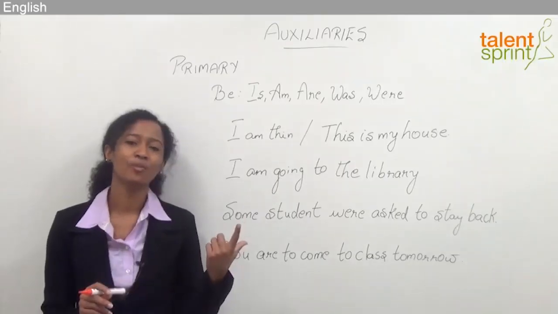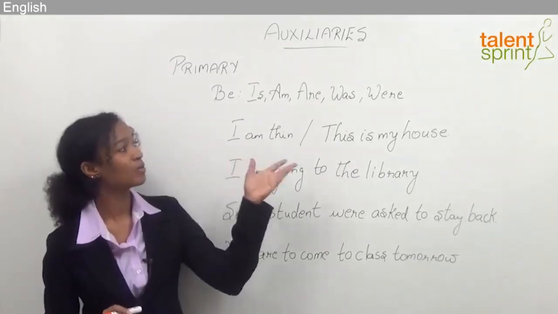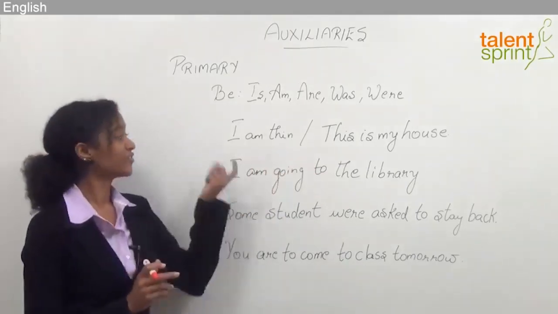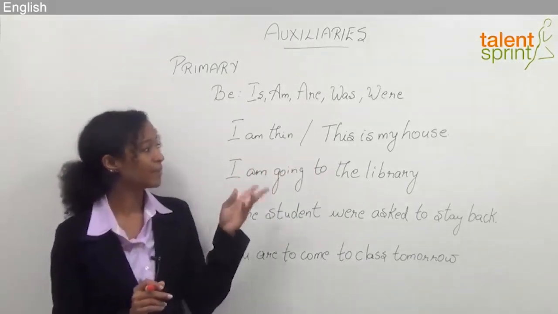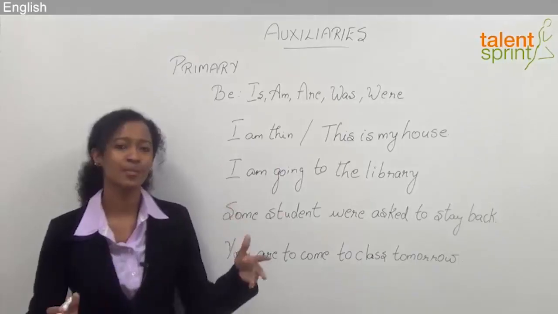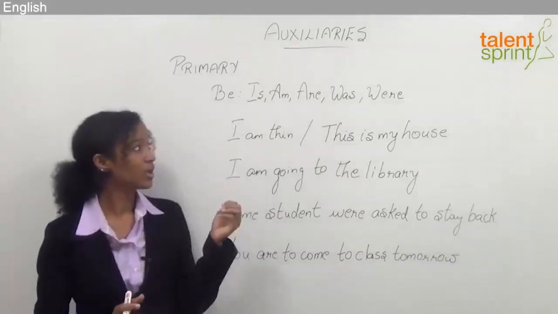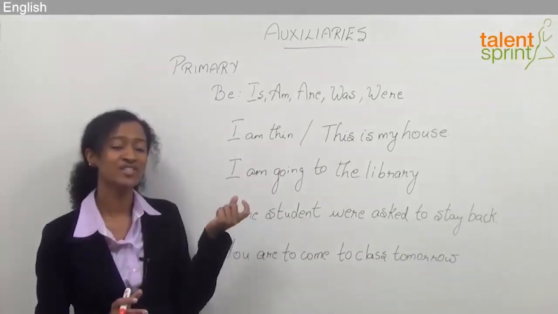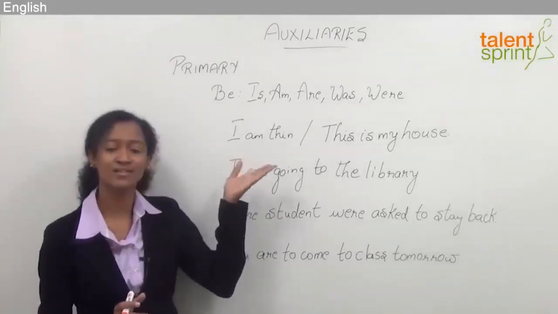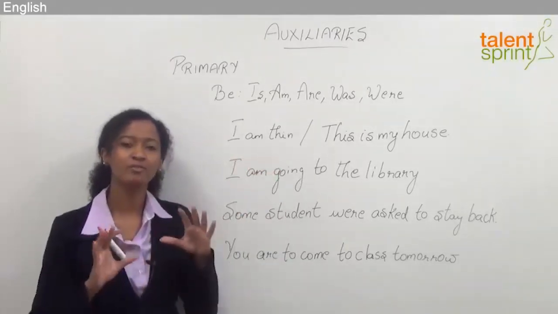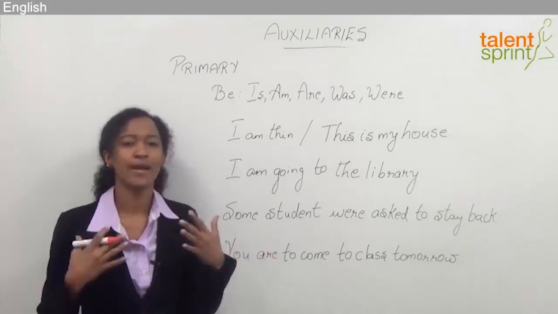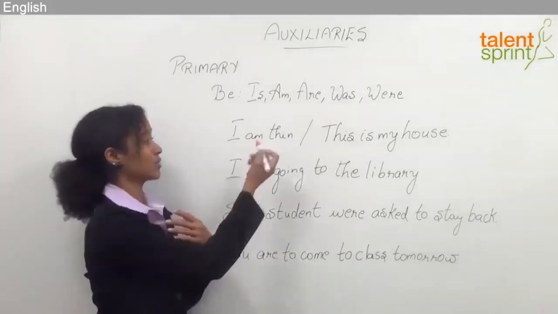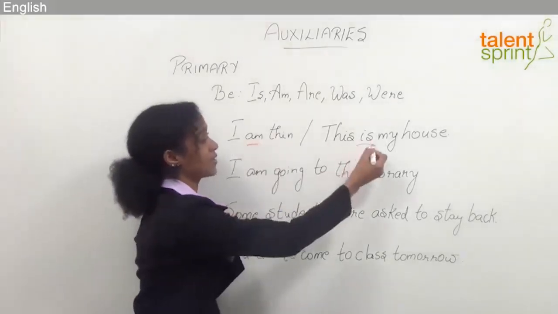Let's understand the forms of be: is, am, are, was, and were. Alright, the first sentence, I am thin, or this is my house. Now here, the auxiliary verb functions as a principal intransitive verb in the meaning of mere existence. So, I am a woman. So, I know my auxiliary verbs are am and is here.